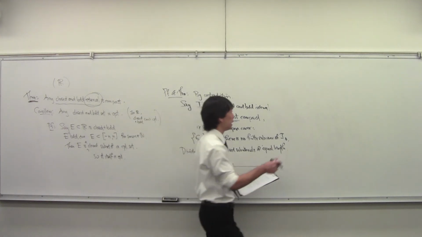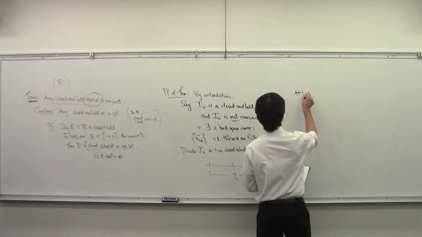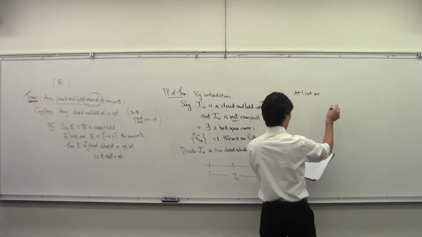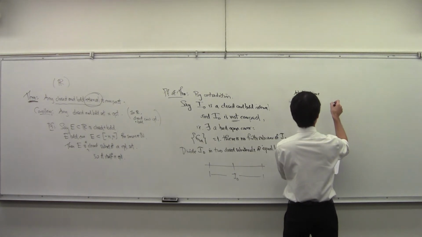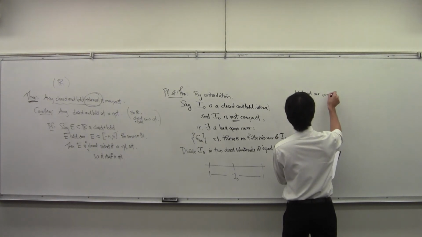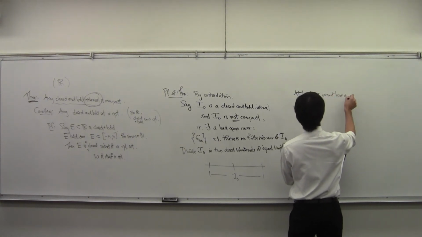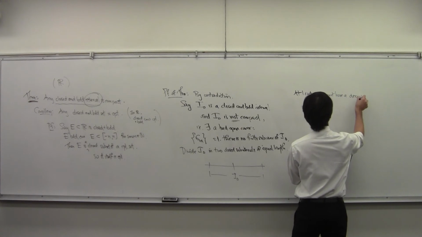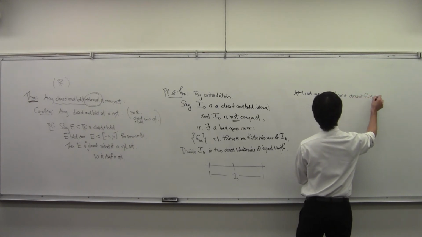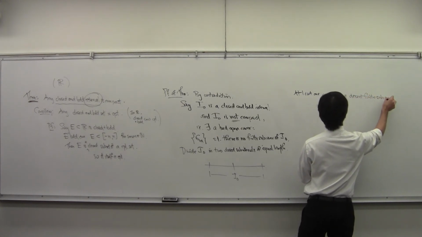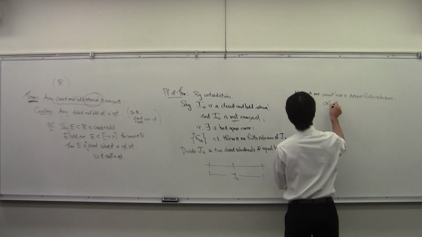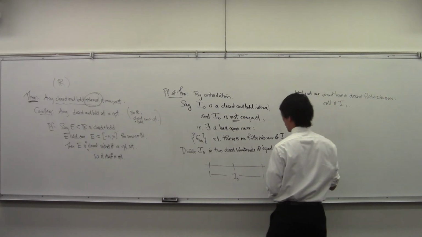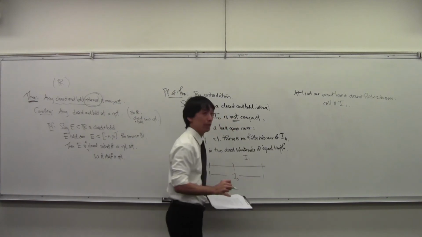So at least one of them cannot have a finite subcover. Call it I1. Maybe it's this guy on the right, call it I1.